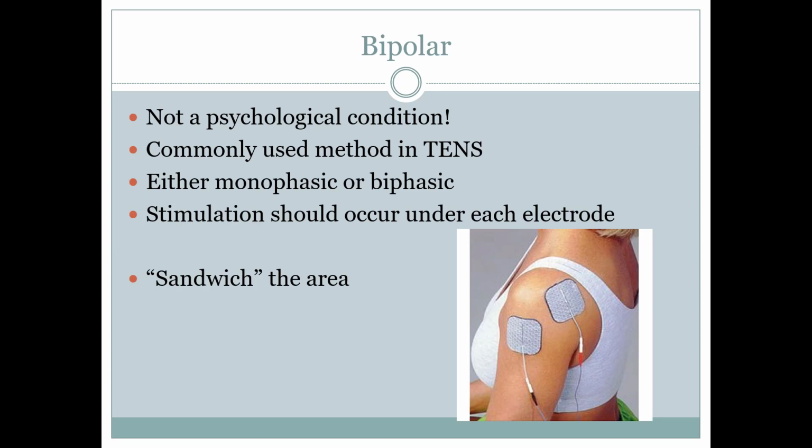Either a monophasic or biphasic current can be utilized with a bipolar pad placement. The patient should report equal stimulation under each electrode placement. The typical protocol is to sandwich the painful area or treatment area so that the pads are not directly on top of that area. Rather, if you drew a straight line from one pad to another, it would run directly through the area you want to treat.